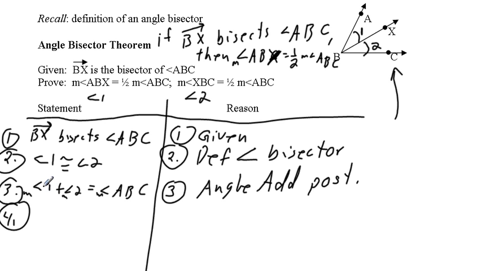Next, I'm going to say that angle 1 plus angle 1 equals angle ABC. I'm not going to put those little m's in here because on the slate I'm writing on, my m's come out to just be little squiggles. I just took angle 2 and replaced it with an angle 1, and I'm allowed to do that because of substitution.